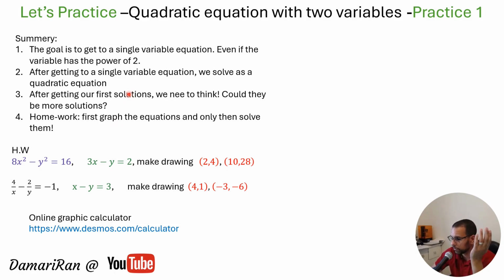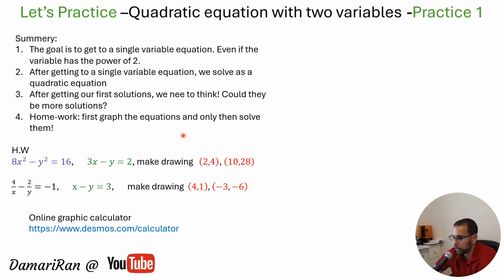Solve as a quadratic equation. After getting our first solutions, we need to think: could there be more solutions? Meaning, did we meet some kind of a plus-minus term on the way that split our path into two solution paths that we need to consider? We need to remember that.